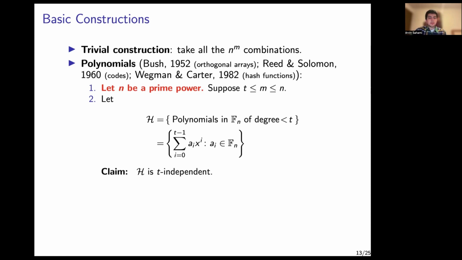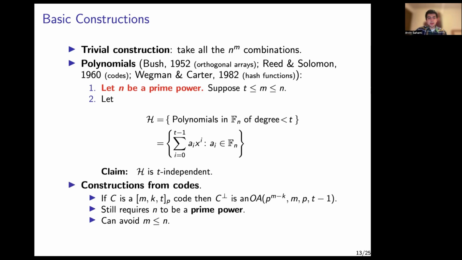This is going to give you a t-independent family, the same thing as an orthogonal array of strength t, as we mentioned before. You can show this via a simple Lagrange interpolation argument. And this is actually a subset of constructions coming from codes.